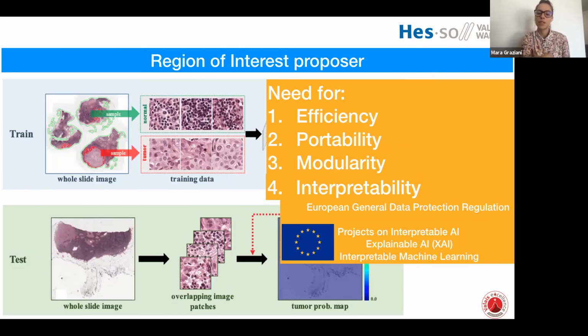CNNs are often perceived as black boxes by pathologists, so to concretely propose something that would be used in the future, we recognized interpretability as an emerging need. As I already mentioned, this is also a main topic of my PhD thesis, and the idea here is to meet the new European regulations in terms of providing justifications for automated outputs.